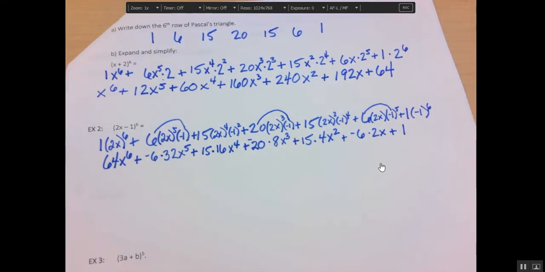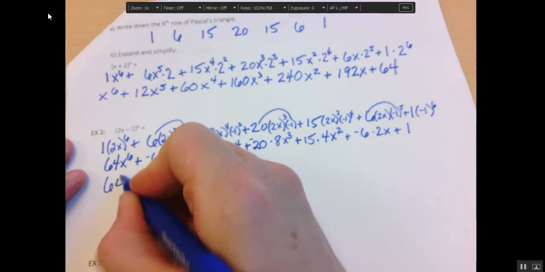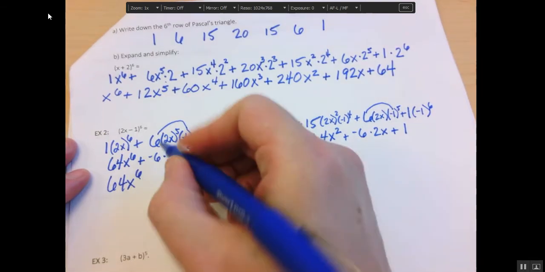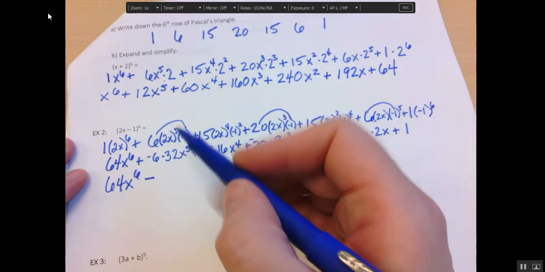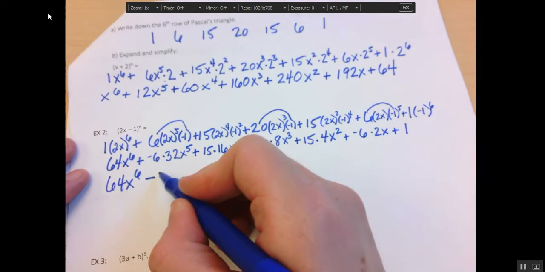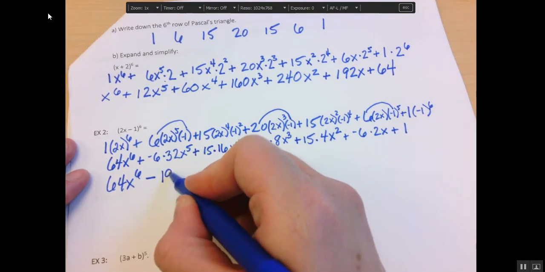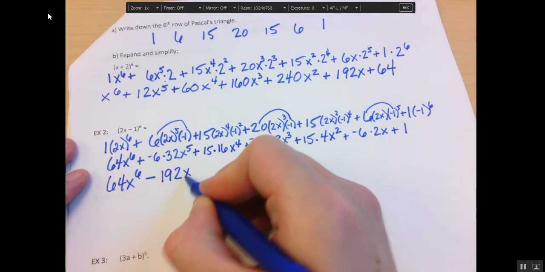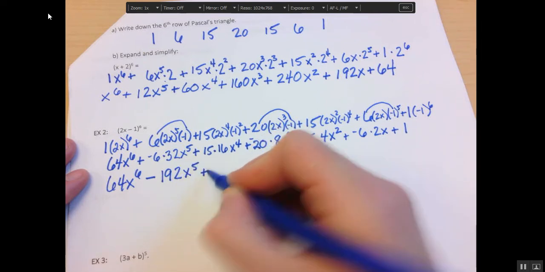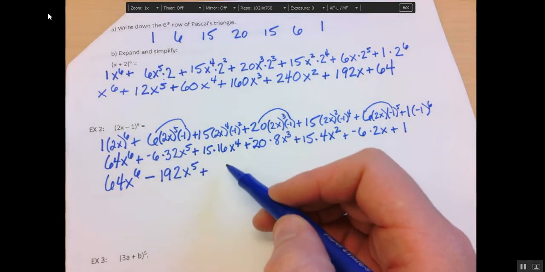All right, I'm going to pause for a second so you guys can ask questions on that step. I'm still not done. Okay, so the first term is simplified. The next term is going to be minus because of the negative here. And did you guys get negative 192? All right, we said 15 times 16 is how much?